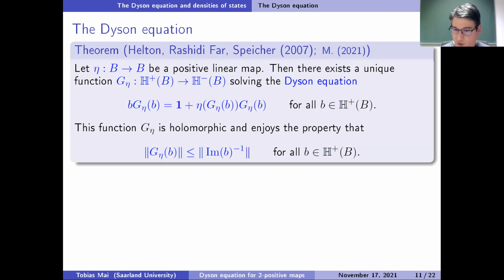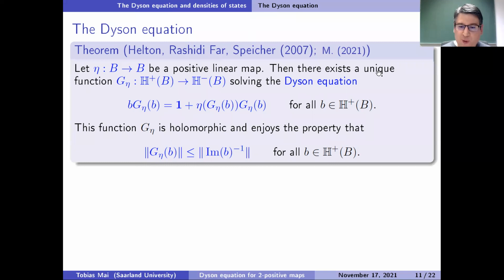And what is also important is the fact that this unique solution not only has some nice continuity properties, it is not only continuous, it's also a holomorphic function, and it has this nice boundedness property that the norm of this function, which behaves somehow like the Cauchy transform, can be bounded by the inverse of the imaginary part for all points in the upper half plane.